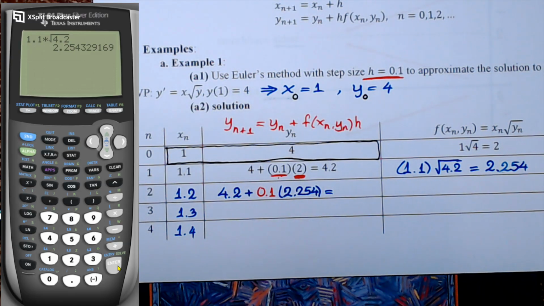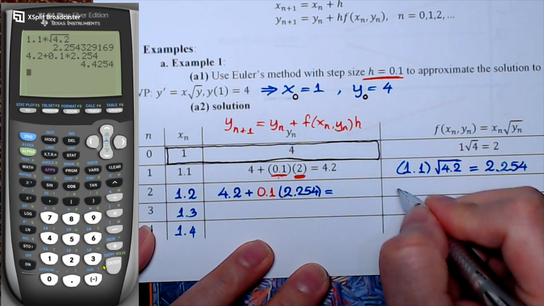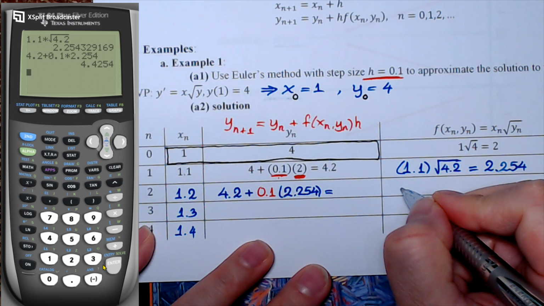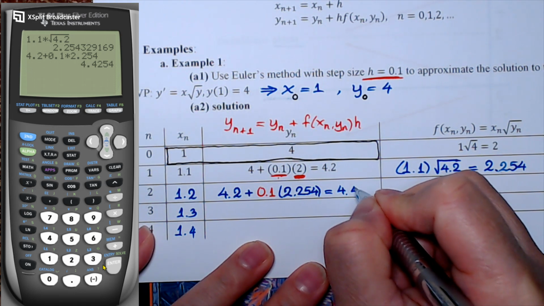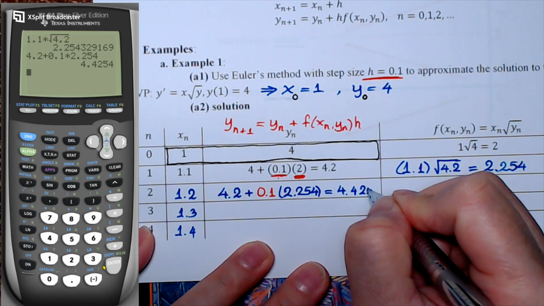And we get 4.2 plus 0.1 times 2.254, and that gives us 4.4254.